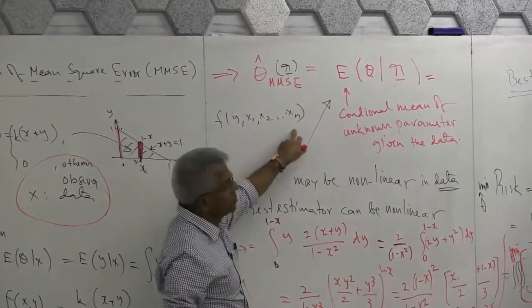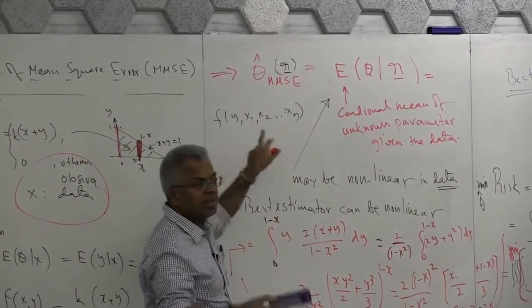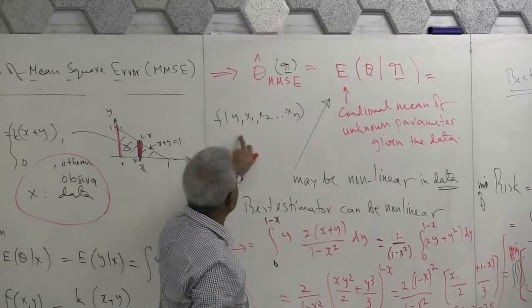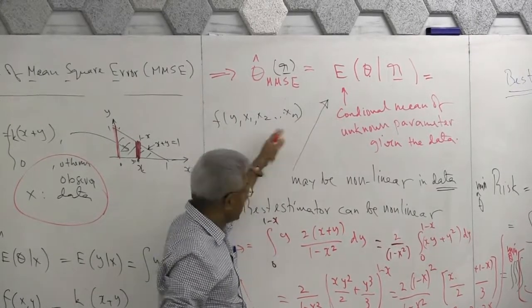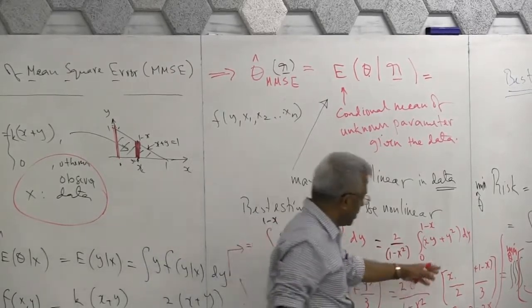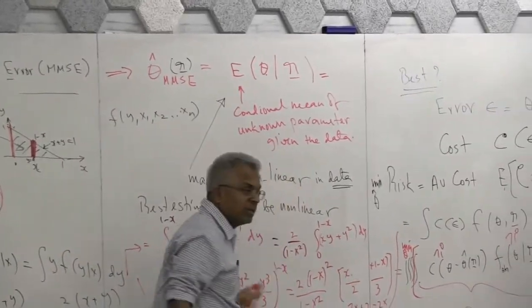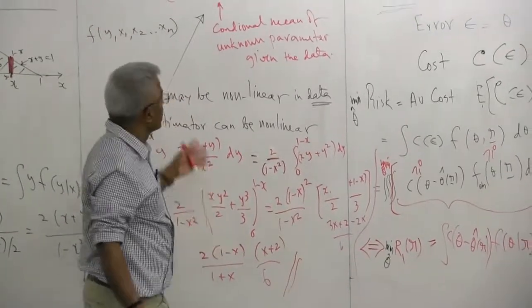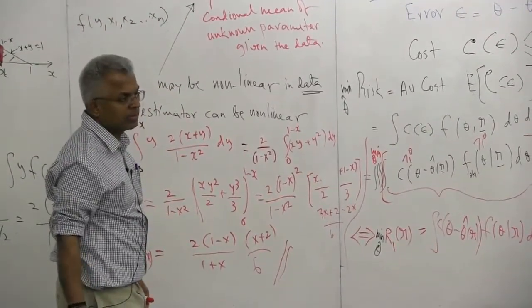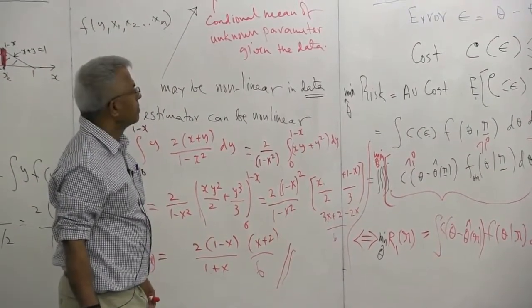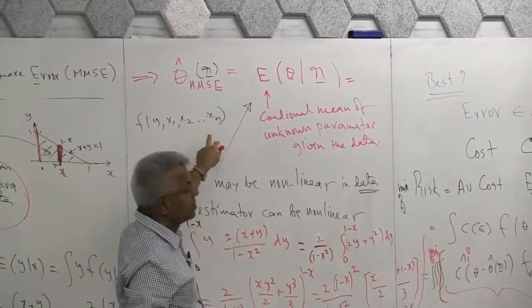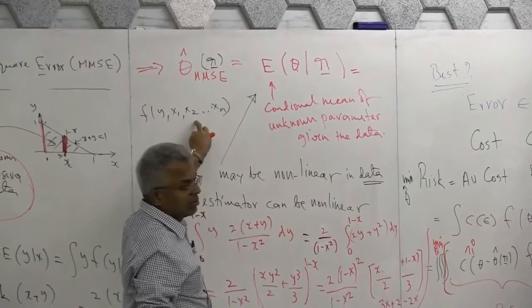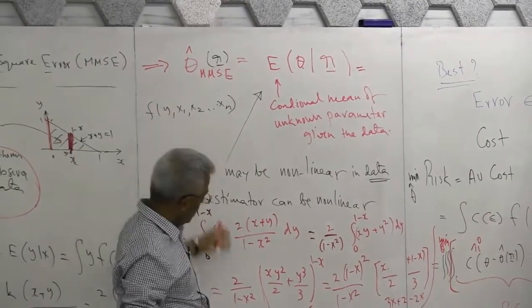If you have multiple observations, you need to either know or estimate the joint density function of y given the data, and then you go through the same procedure. Here instead of one x, you may get many x's, right? So what it is, you have to figure out from the problem, right? The easiest way is maybe to take 3 random variables and assume 2 of them are data and the other one is unknown, and you follow the same procedure.